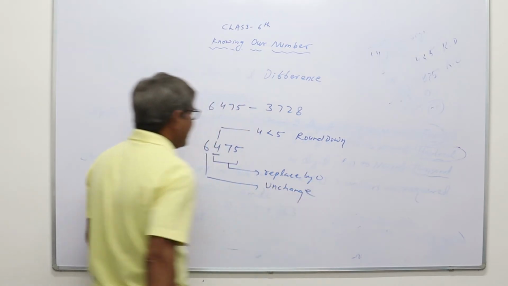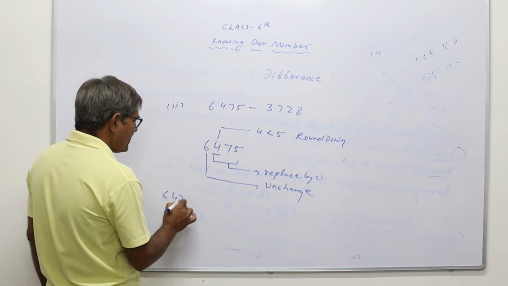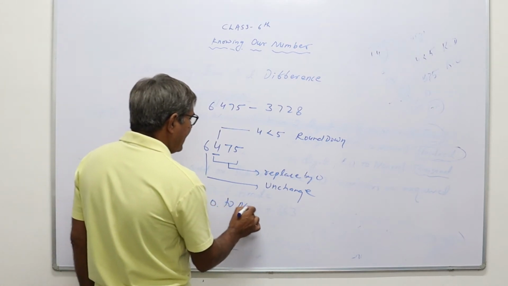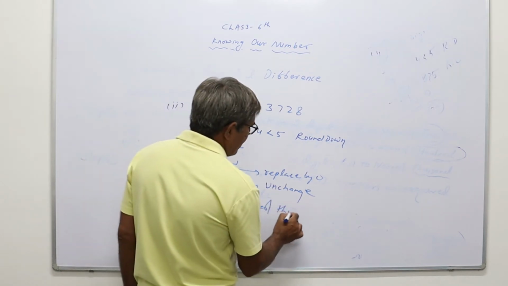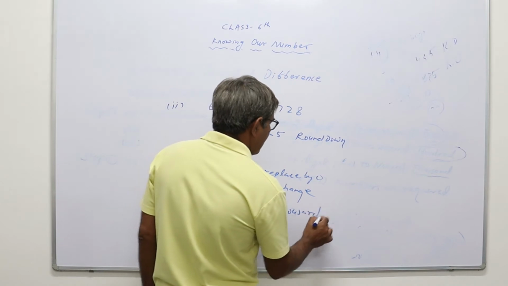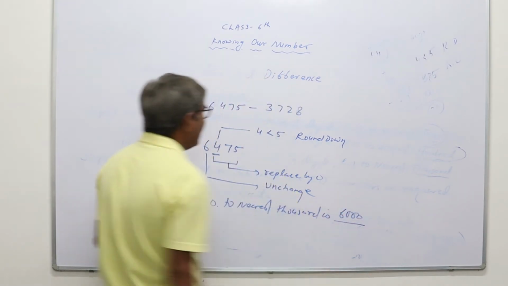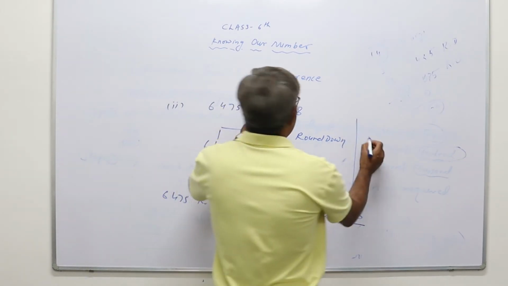Leave unchanged. So 6475 rounded off to nearest 1000 is 6000.